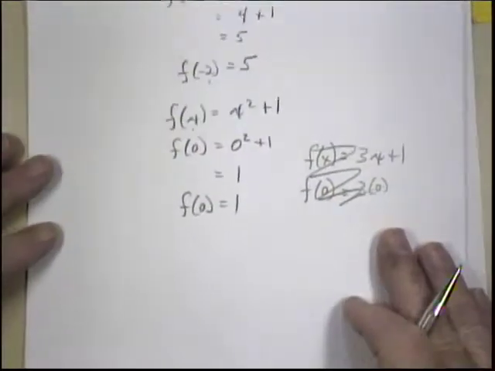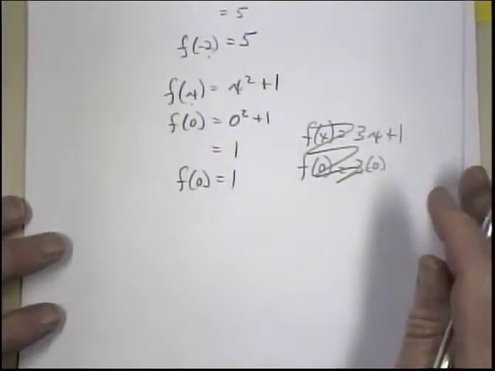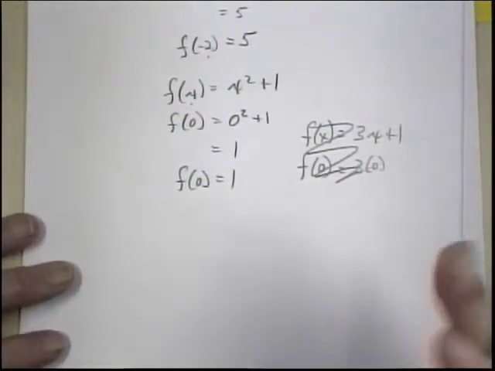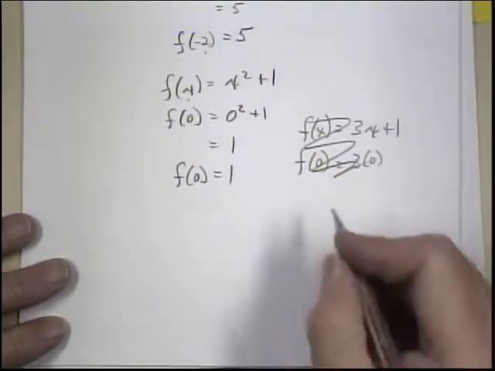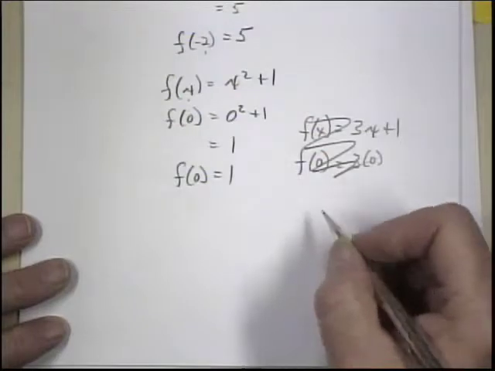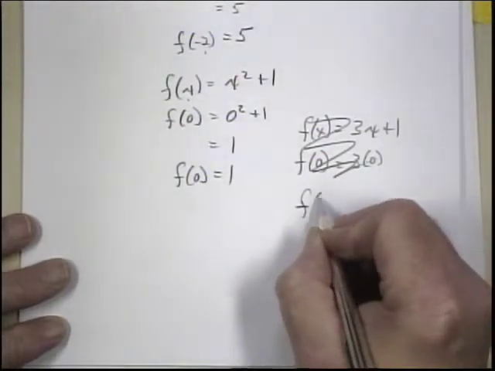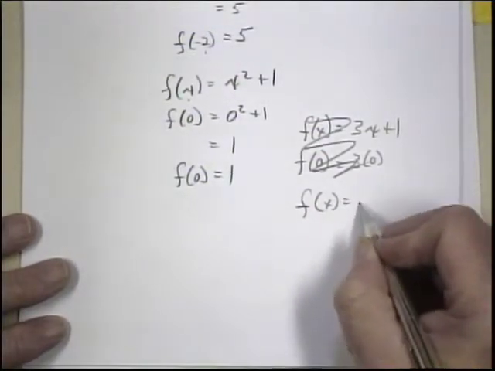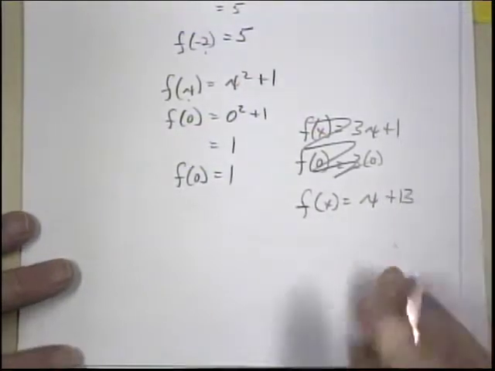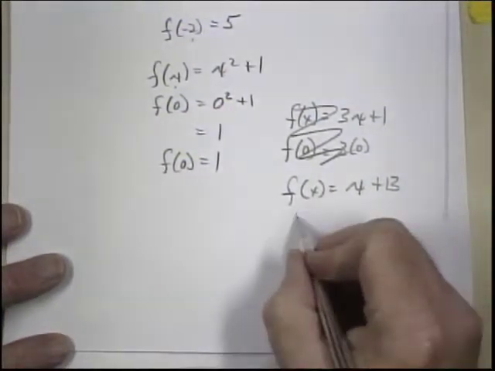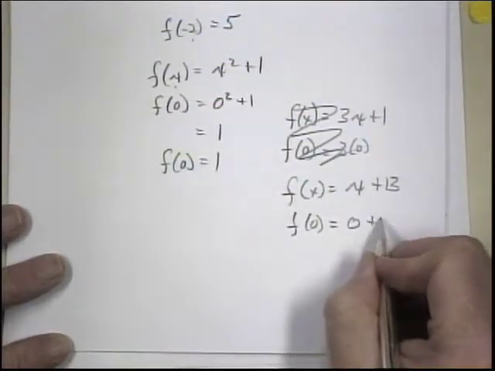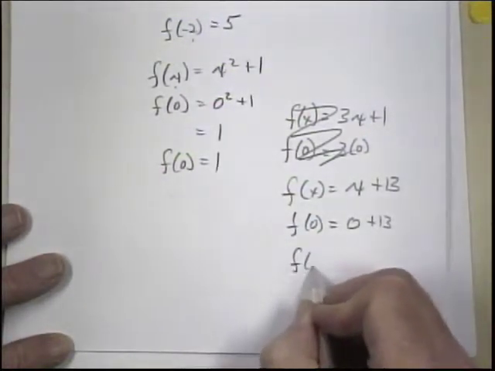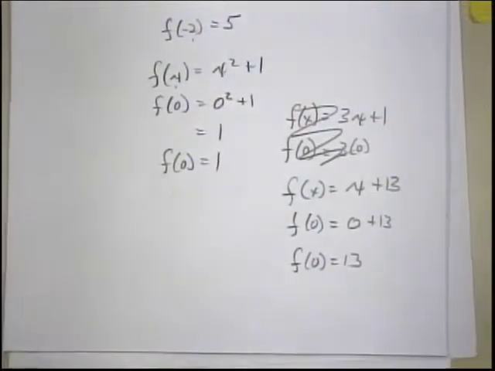It will work, but it won't show you what I wanted to show you. That's what happens when I pull things off the top of my head. Let's do this. f of x equals x plus 13. Now we'll do f of 0, and we'll get 0 plus 13. f of 0 equals 13.